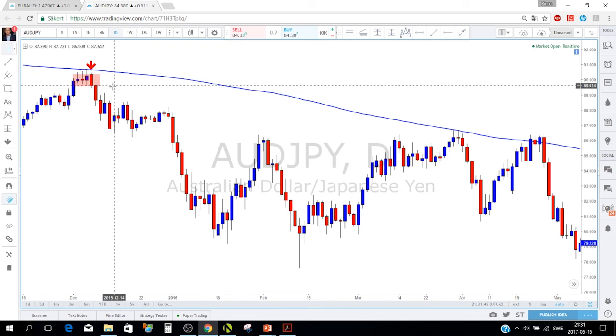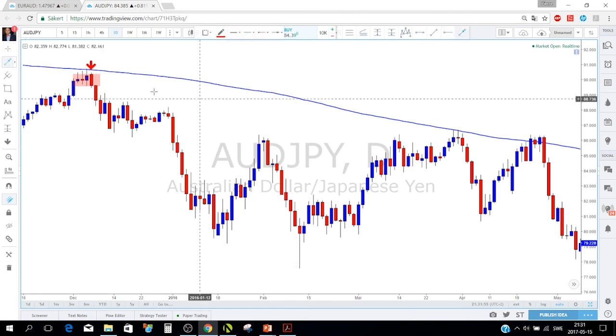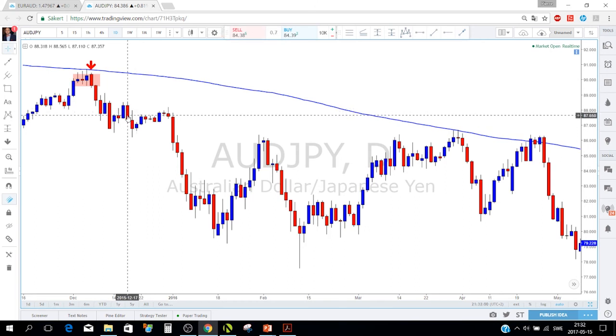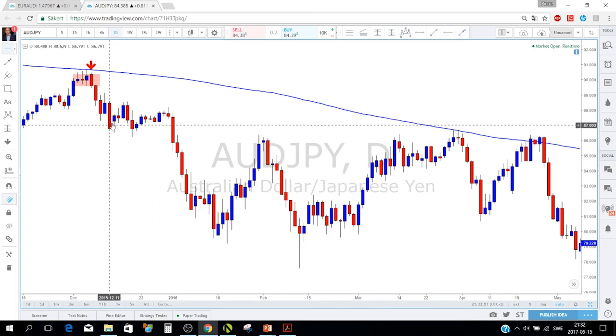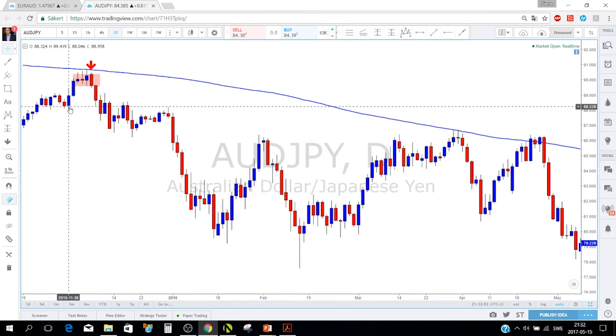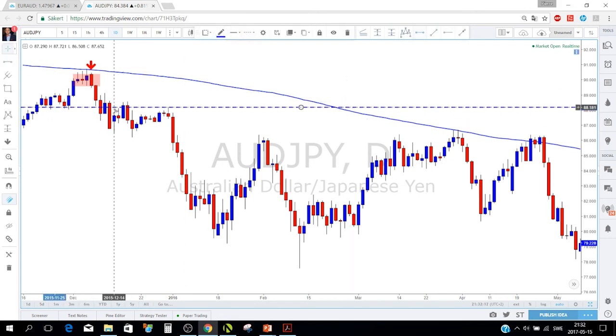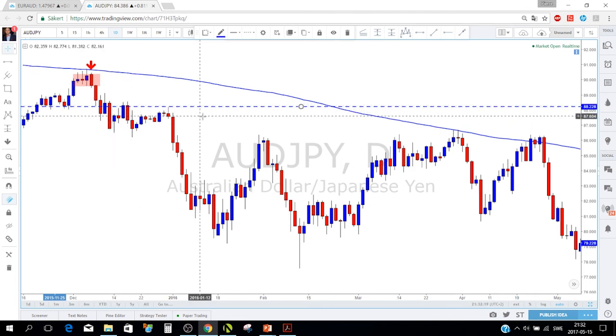And as you see, the market started trading to the downside from this level. We got another engulfing candle here when the market came up and did a retest of this broken support up here. Another engulfing candle here, and one more time here.